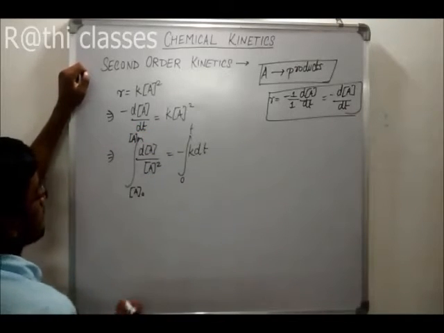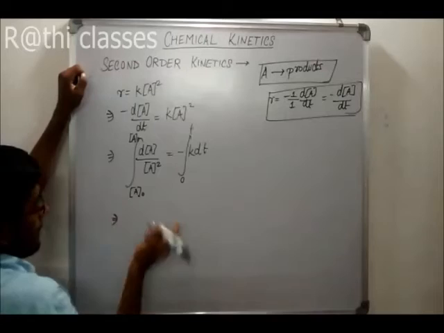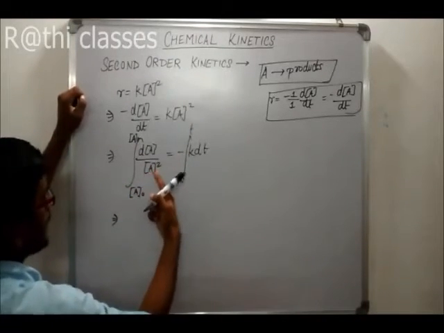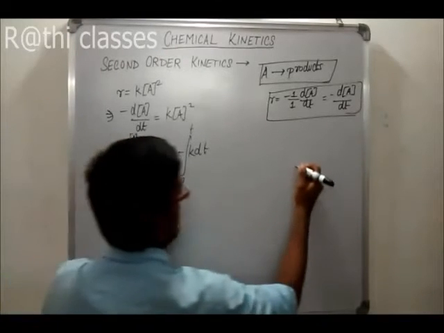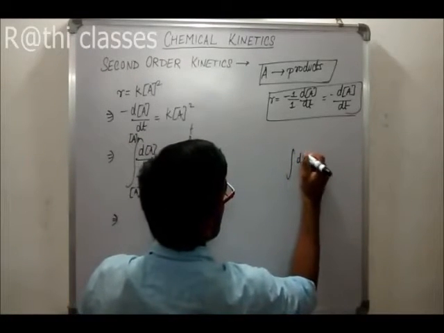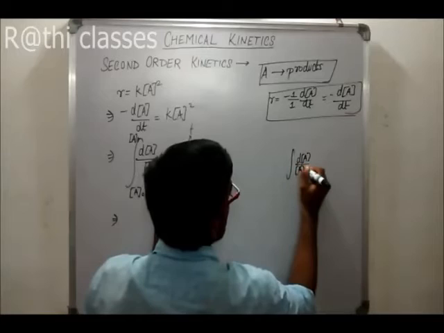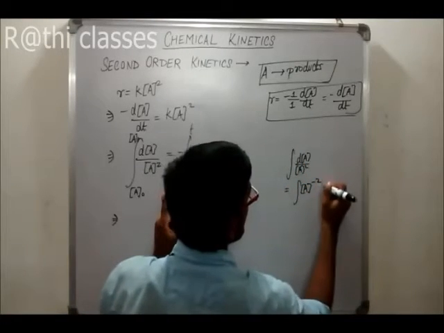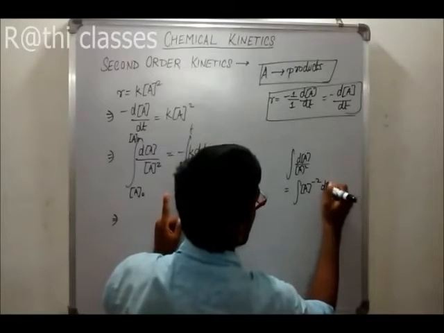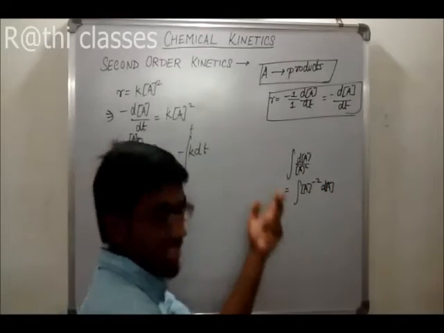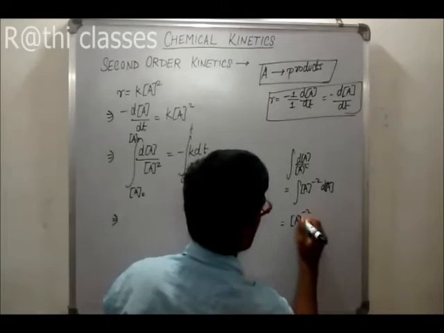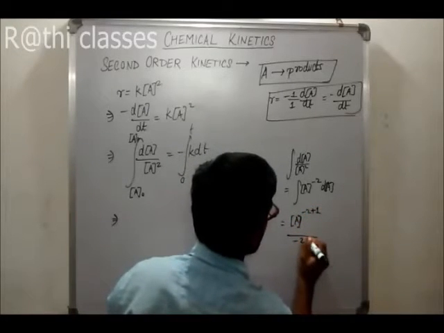I can write A to the power 2, so it can be written as integration of dA upon A square is equal to integration of A to the power minus 2 dA. Using the second formula, I can write it as A to the power minus 2 plus 1 upon minus 2 plus 1.